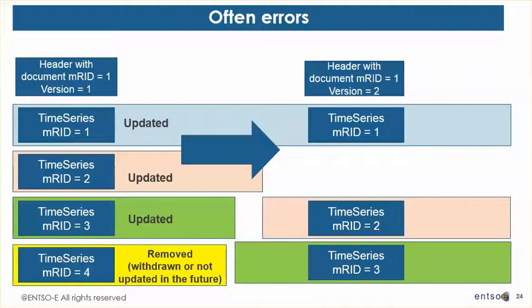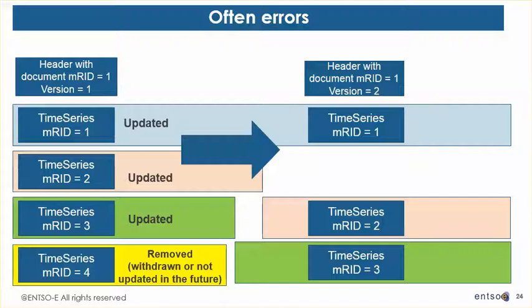This is how the platform will map these IDs for different time series. If your idea was to send the time series ID for the third outage of the previous version, it will not be linked to the third MRID, it will be linked to the second MRID, because this is how outages will be matched and updated.